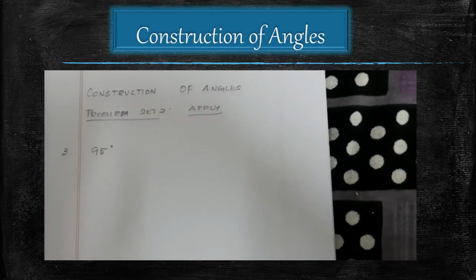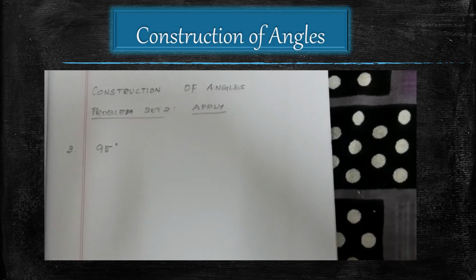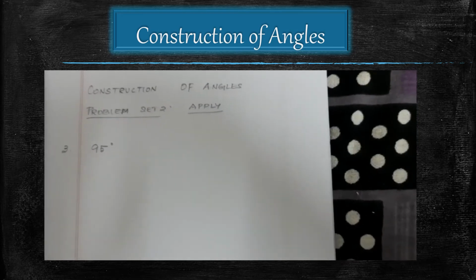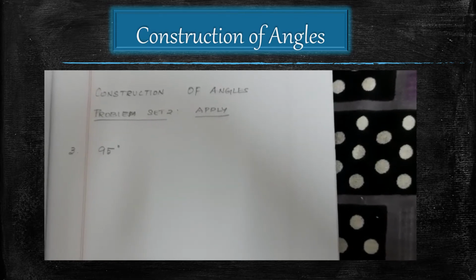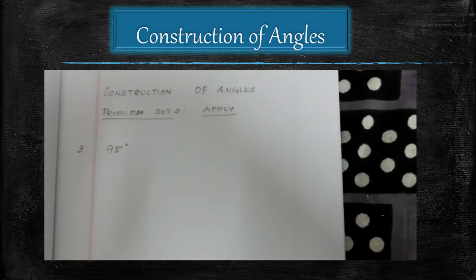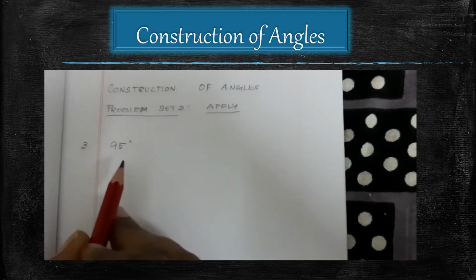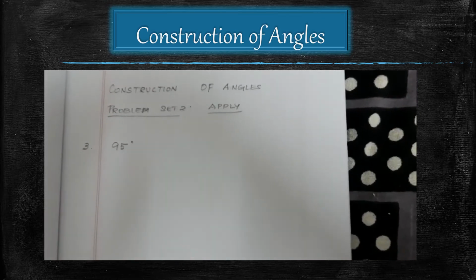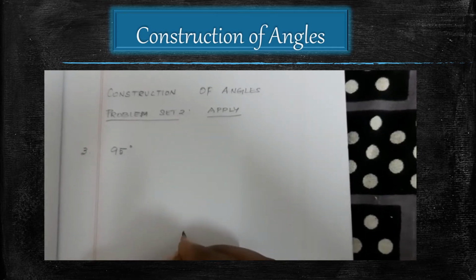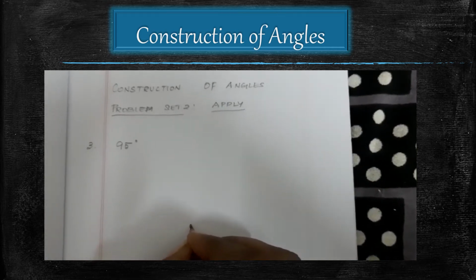Now let us see how to construct an angle. I'm going to do a sum from problem set, the apply part. Using a protractor, draw the following angles, which is on page number 10 of your textbook. First I'm going to do the third sum, 95 degrees. Before constructing an angle, mark a point.